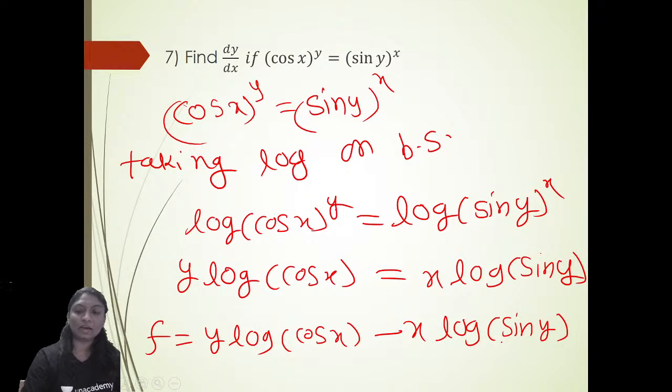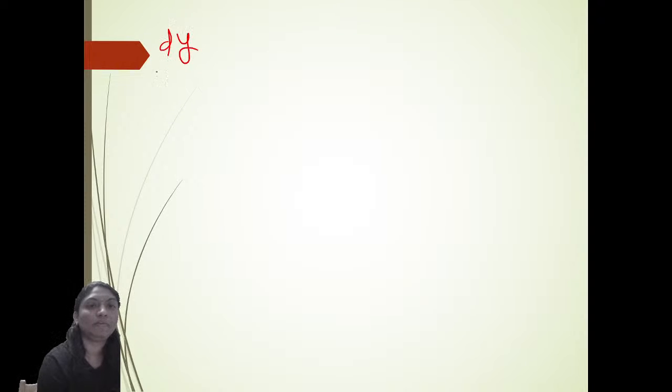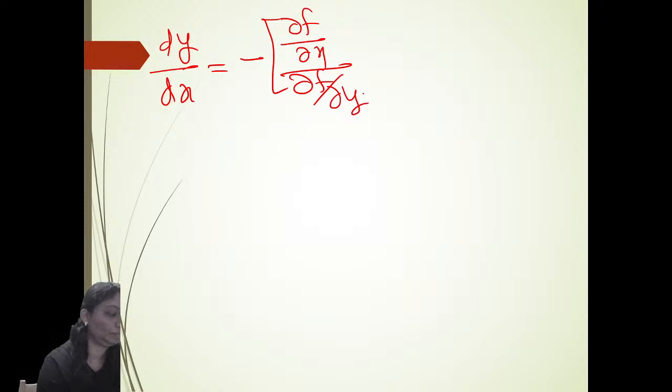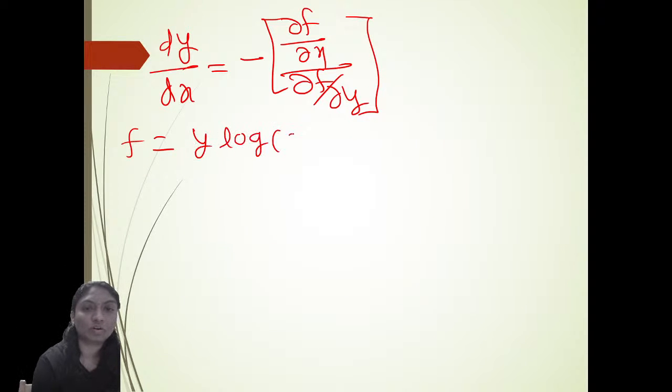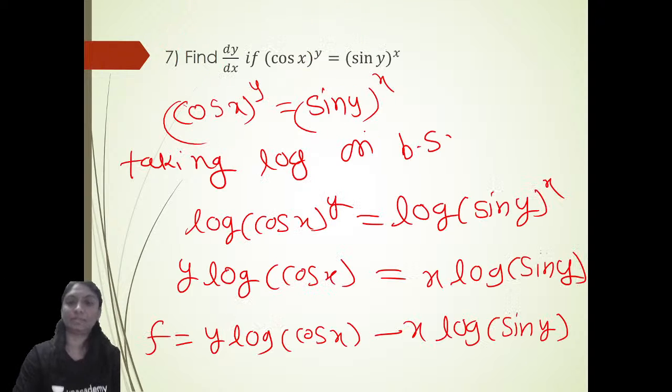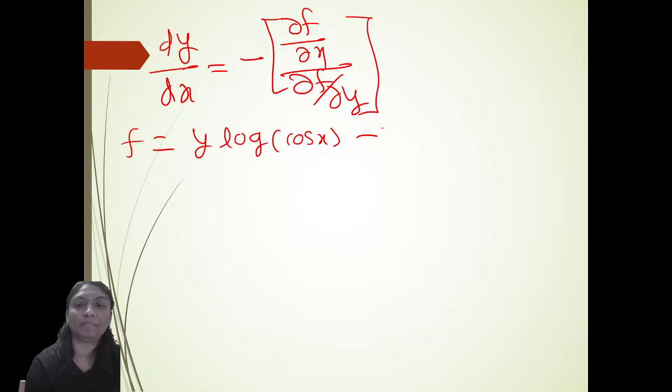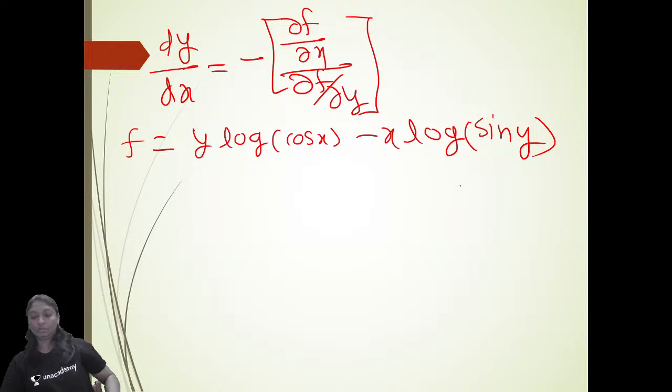Now calculate dy by dx here. dy by dx is equal to minus of del f by del x upon del f by del y, right? So first we'll write down f here: y into log of cos x minus x into log of sin y.